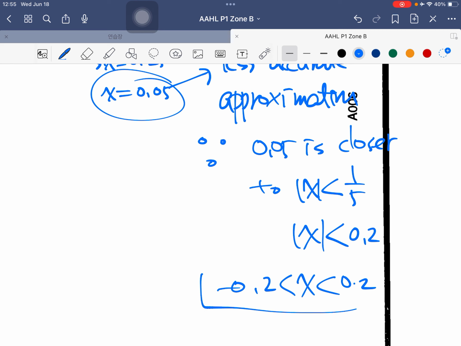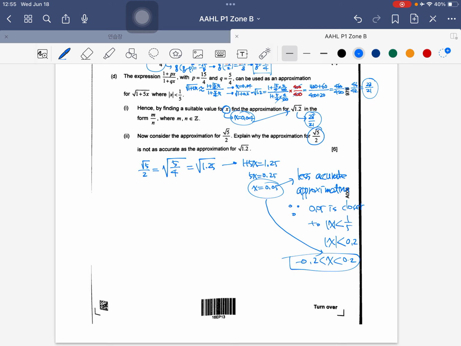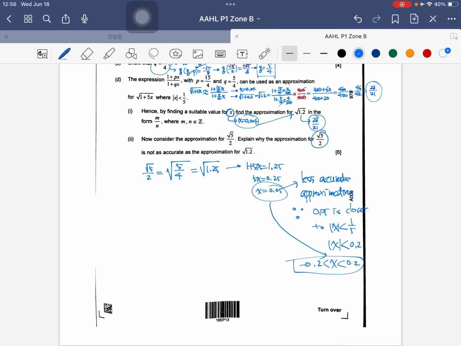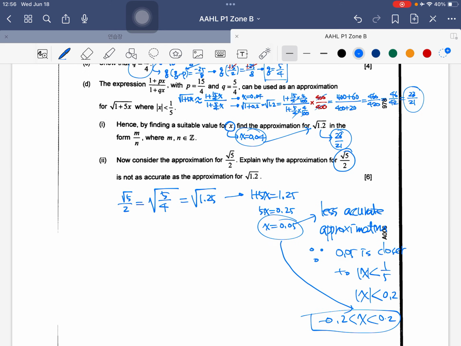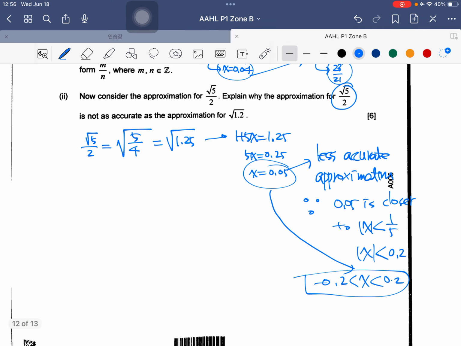So even though 0.05 is inside this range, if this value is closer to the limit, closer to the right limit, which is 0.2, it is less accurate. This is why. So whenever we put some x value closer to the middle, it will be more accurate. Whenever x value is approaching 0.2, it is less accurate. That is the reason.